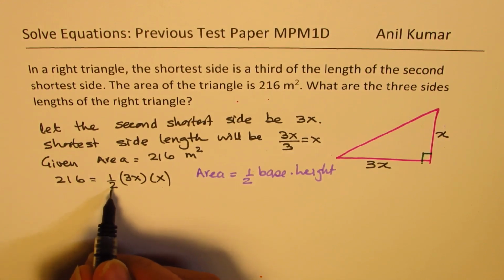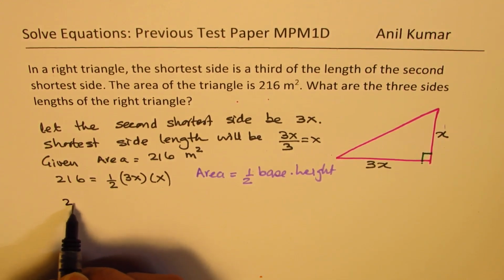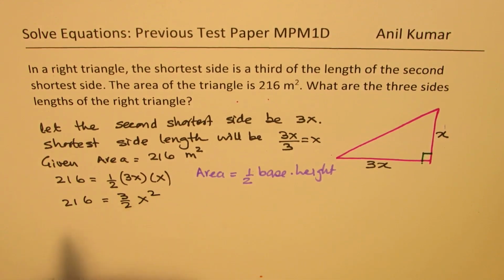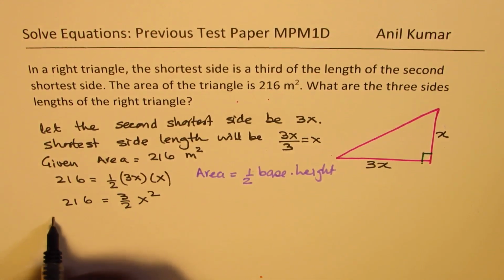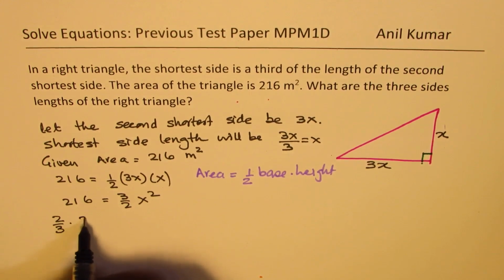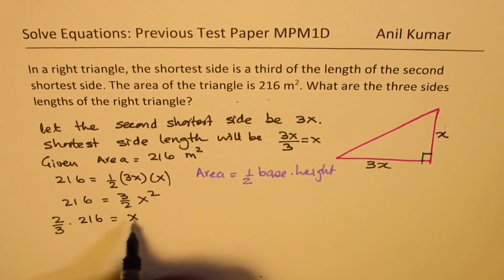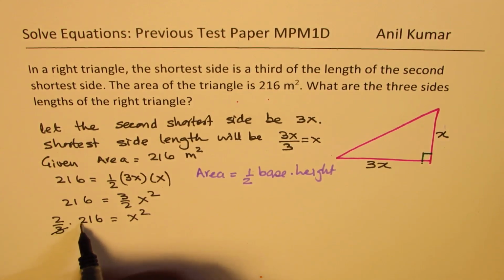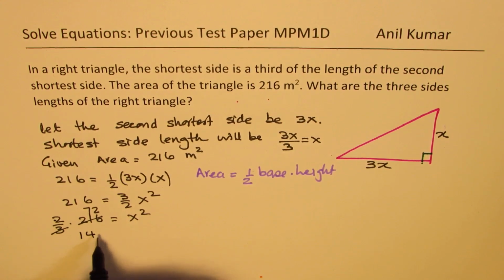So we get 216 equals 3 over 2 x square. We can cross multiply, so we get 2 over 3 times 216 equals x square, correct? Now 3 goes 72, so we get 144 equals x square.